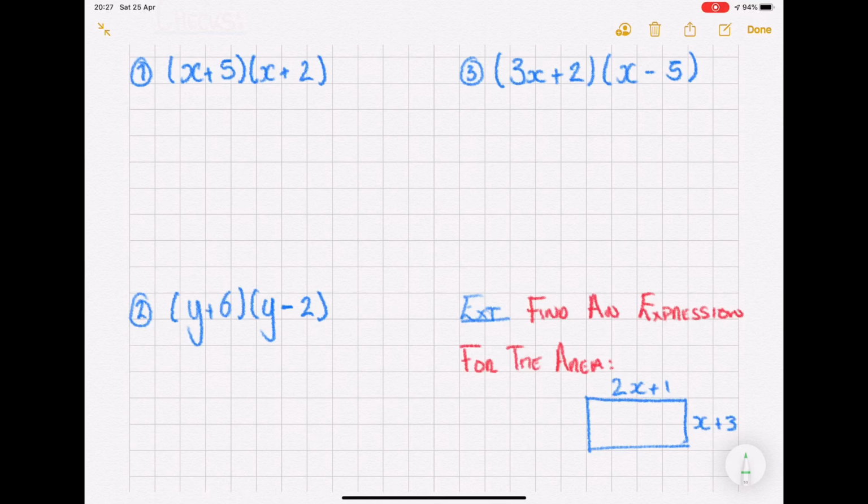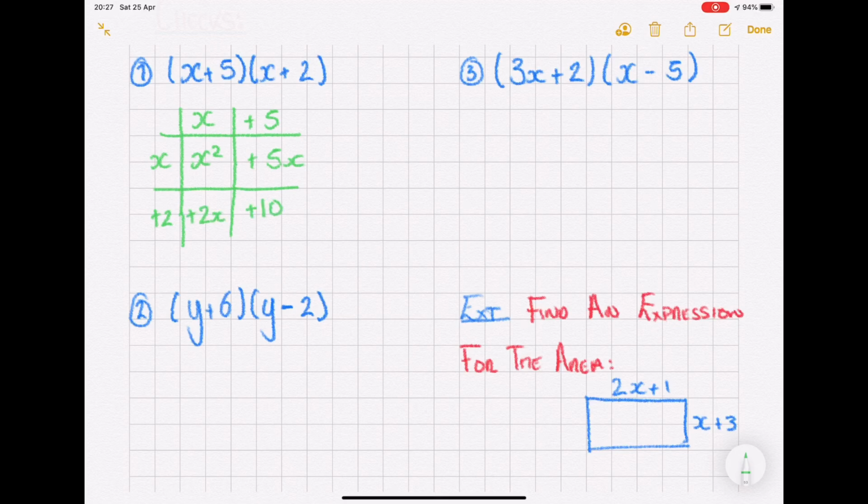Okay, fantastic. Let's go through the answers. So, draw out our grid. So we've got x plus 5, x plus 2 gives us x squared plus 5x plus 2x plus 10.